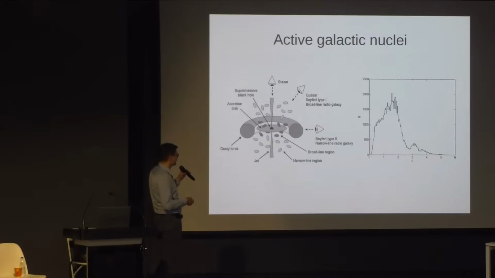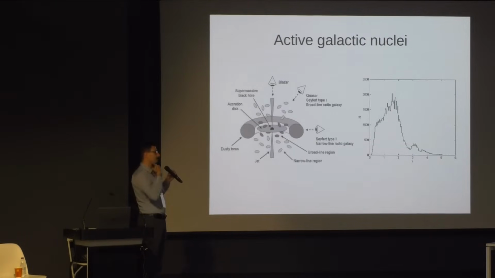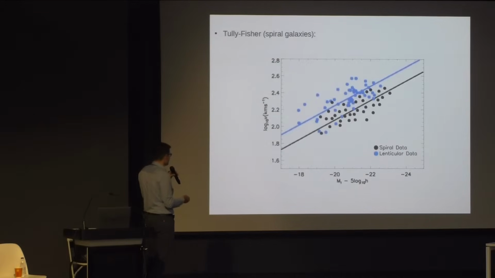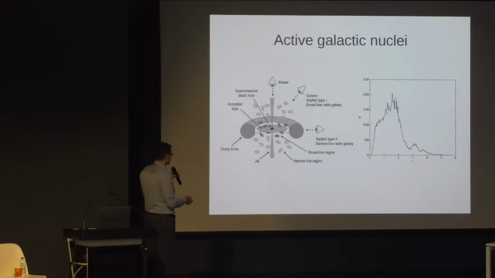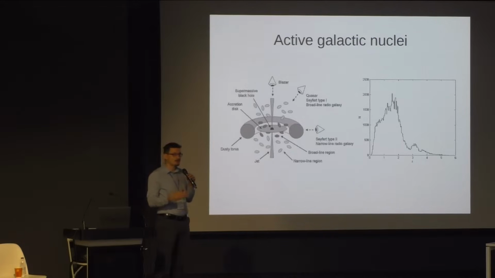When we count the number of these galaxies through the history of the universe, using redshift, which is a measure of time, where higher redshift means deeper in the past, we can see some peak around z equal 2. So we can conclude that maybe active galaxies are one stage in the evolution of galaxies.